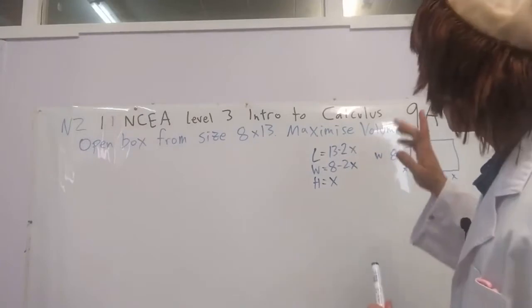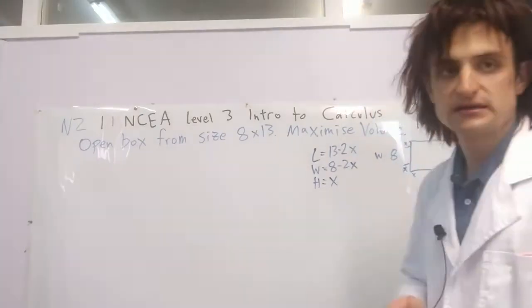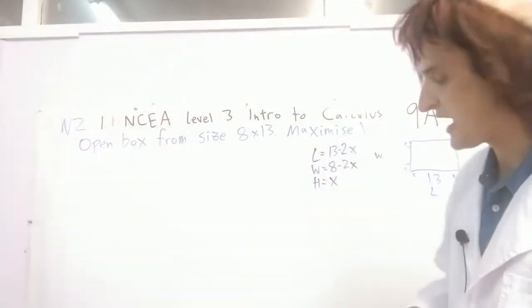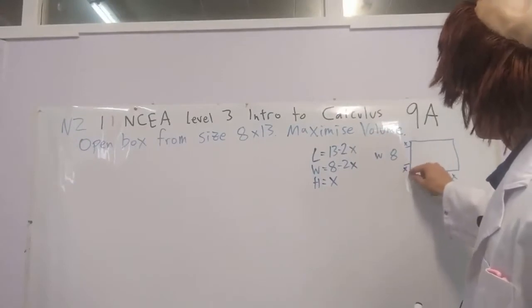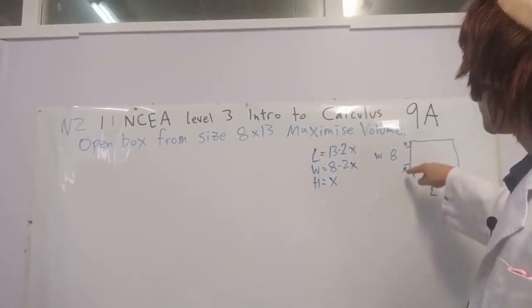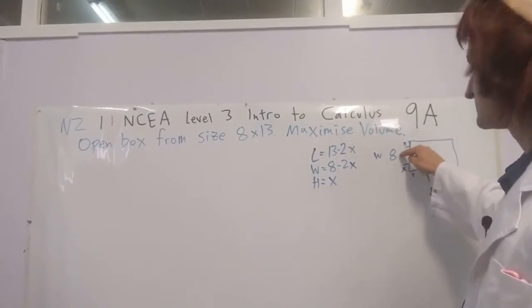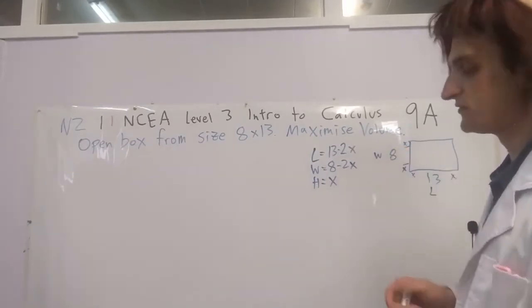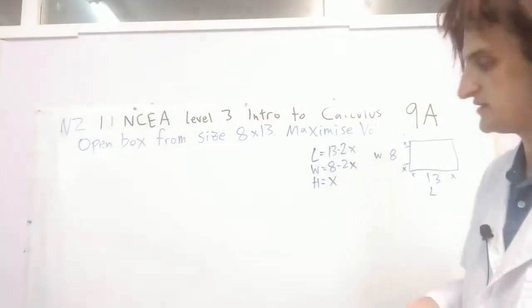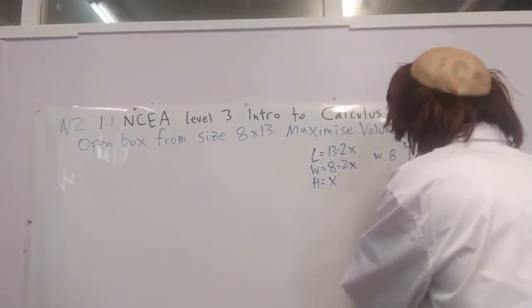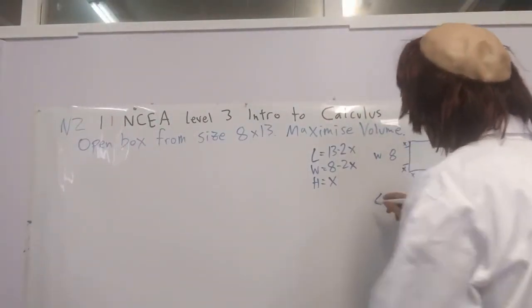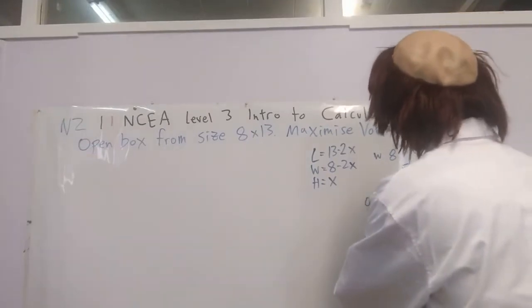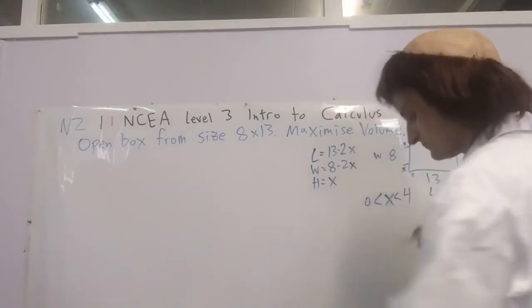And then for later on, we'll need some range that x could take. We assume x will be greater than 0 and less than 4. If x is 4, that means the width is 0, and that means our volume is 0. So we'll just say x has to be greater than 0 and less than 4.